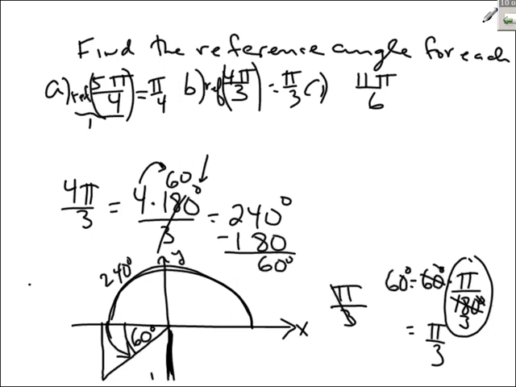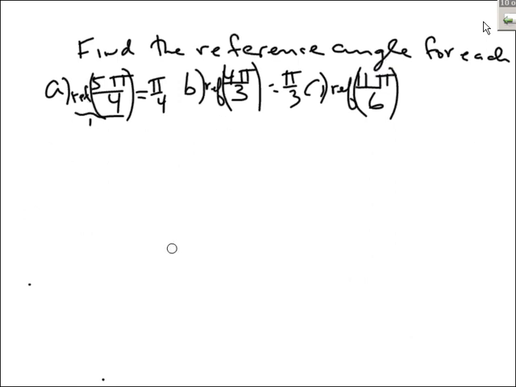Okay, now we go on to letter C. I want the reference angle of 11 pi over 6. So it's probably best to convert it to degrees, draw the angle, find the reference angle, all in degrees, and then convert it back to radians.